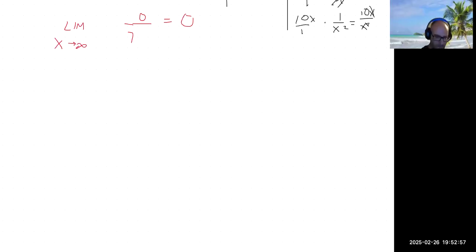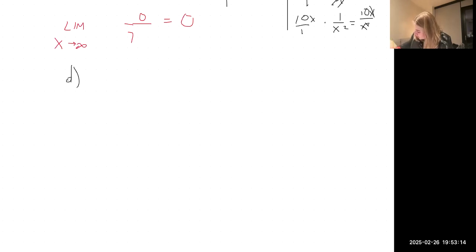Let's do D. Do you want to try that one? Okay, 5D. I think we can get our arms around this one. I'm just so scared, because if I saw this, I wouldn't have my notes, which is the problem.